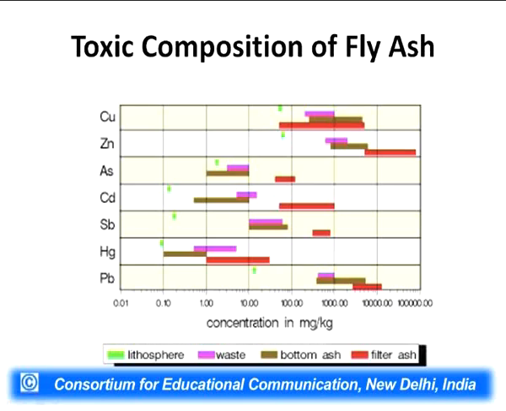In this picture we can see its variation in composition for seven different toxic metals: lead, mercury, antimony, cadmium, arsenic, zinc and copper. The significant component is lead in all the cases, as well as zinc and copper.